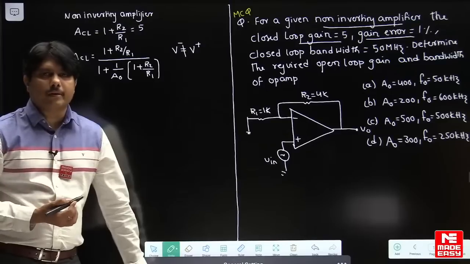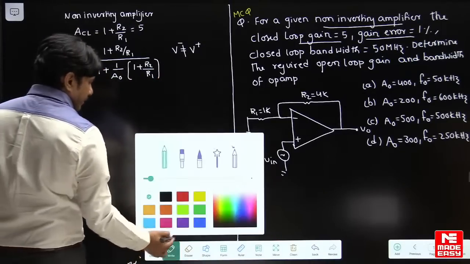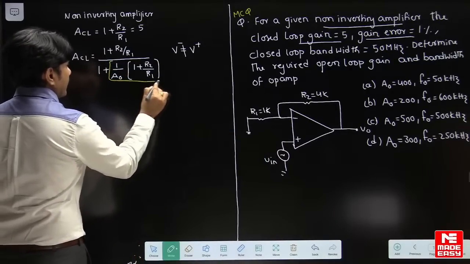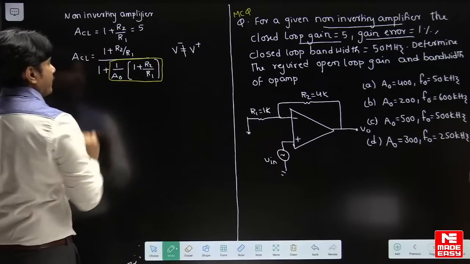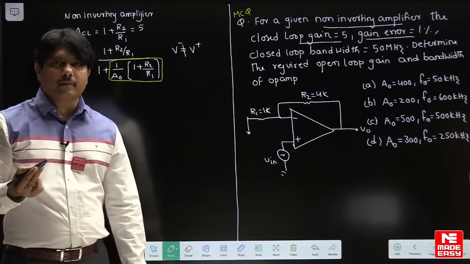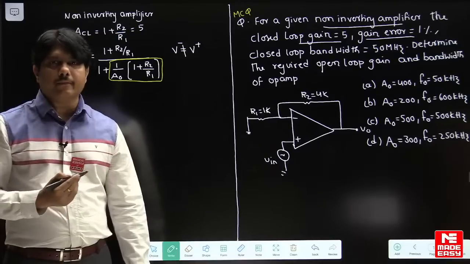Otherwise you cannot attempt this problem, because he said the gain error here. This is your gain error in the non-inverting amplifier. Because of that gain error, you cannot expect the gain to be 5; it can decrease to less than 5.